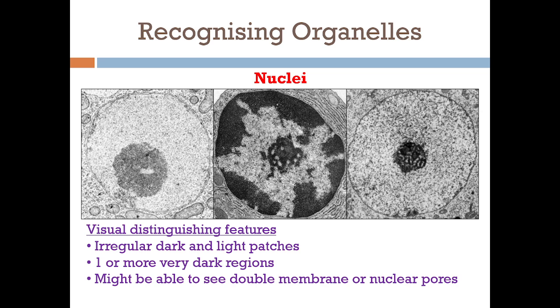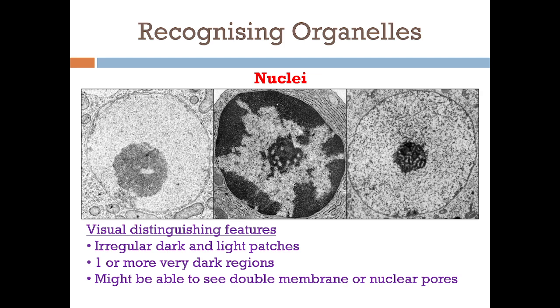You can actually see 2 layers of the membrane on the nuclear envelope. That would be very lucky, to have such a clear diagram. It would give you more confidence that this is a nucleus, because not all organelles have a double membrane. And sometimes, if it's again a very clear diagram, you might be able to see some holes, some nuclear pores, on the nuclear envelope, but I don't think we can see that in any of my 3 nuclei here.